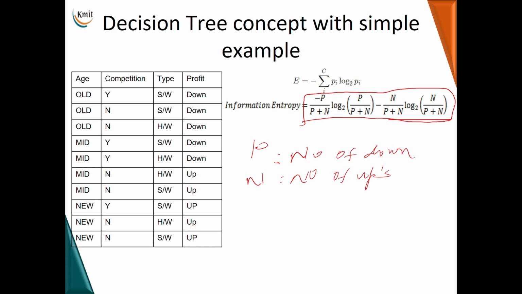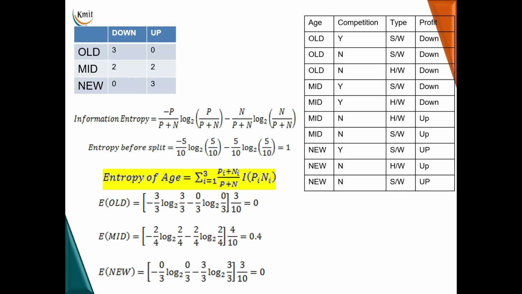First let us know how many olds, how many middles and how many news we have with respect to down and up. With respect to old, how many downs do you have? 3. How many ups? 0. Let's go back, you can see it here.